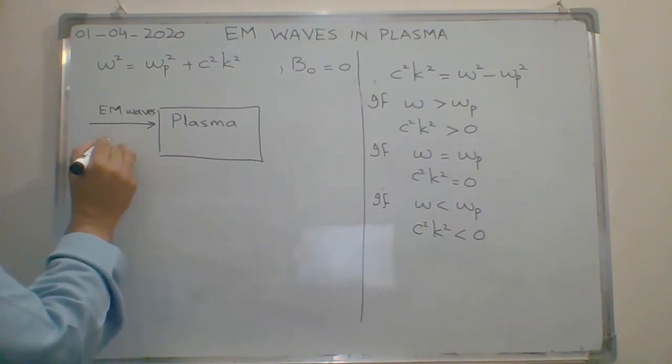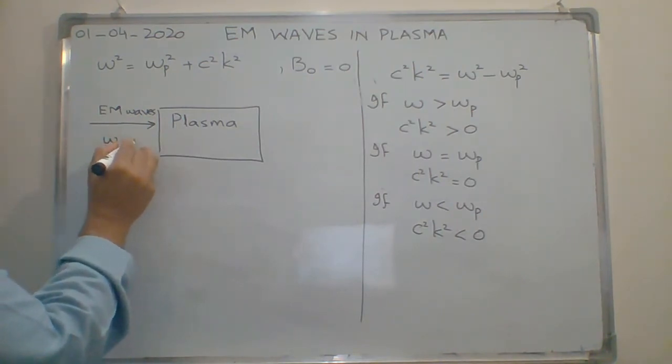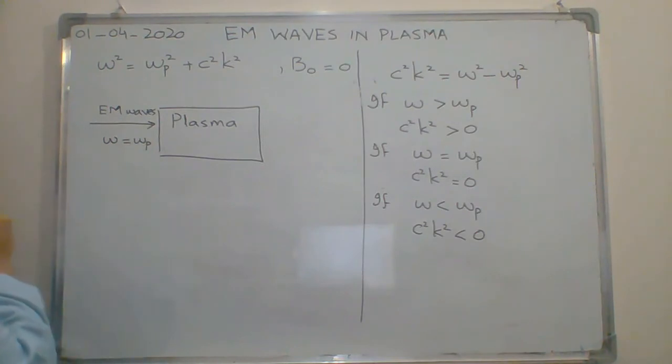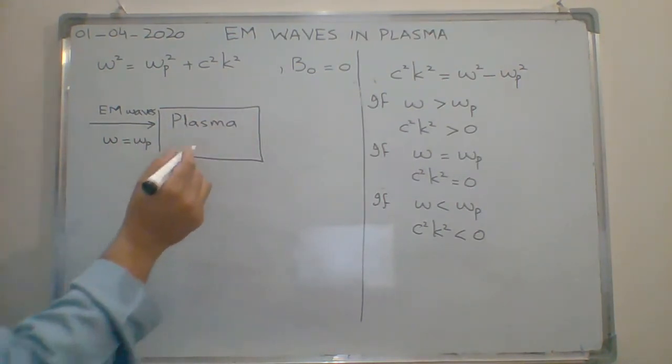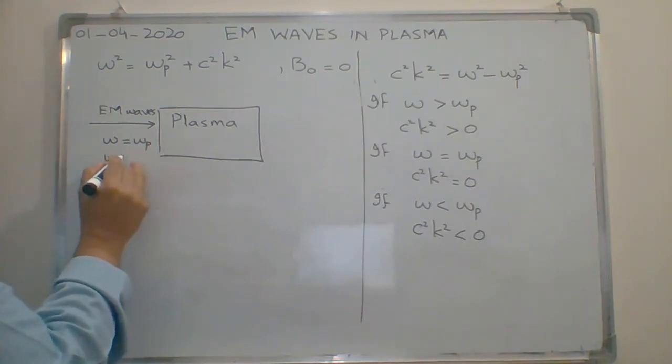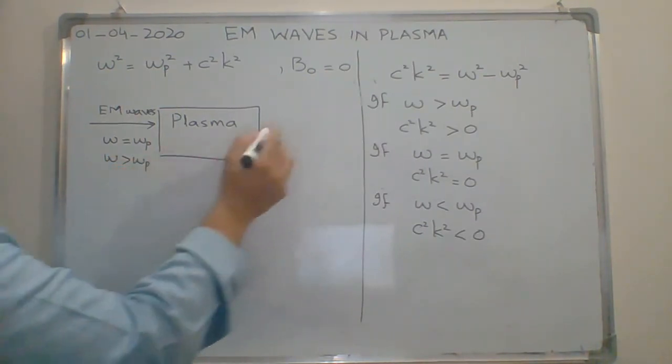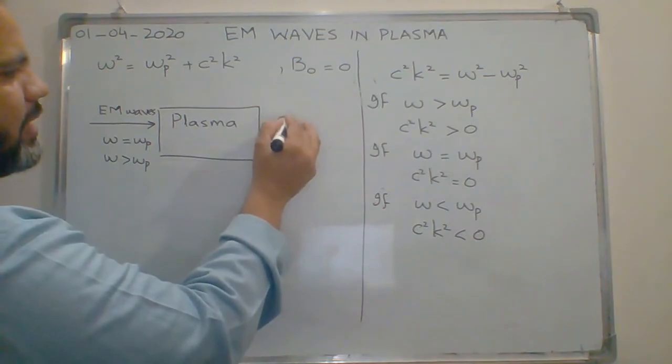When omega equals the plasma frequency, we get nothing out, and when omega is greater than omega p, we get a signal out at the output.